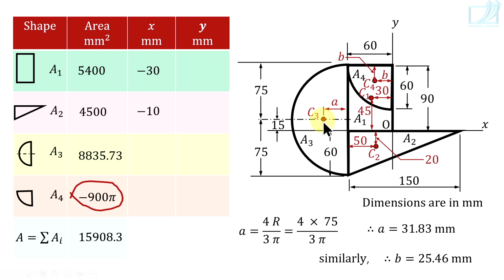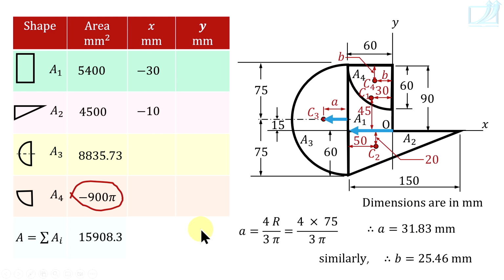Then the x coordinate of C3. Horizontal distance of C3 from the y-axis. Check. So focus on all horizontal dimensions from the y-axis up to C3. And then it is 60 plus A. And how much is that A? 31.